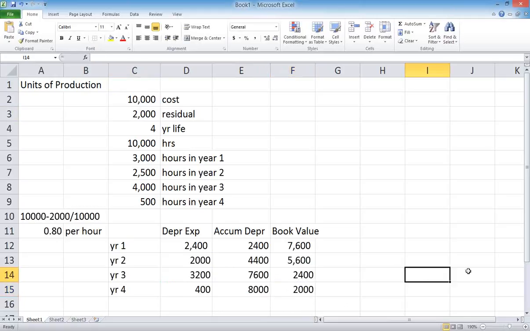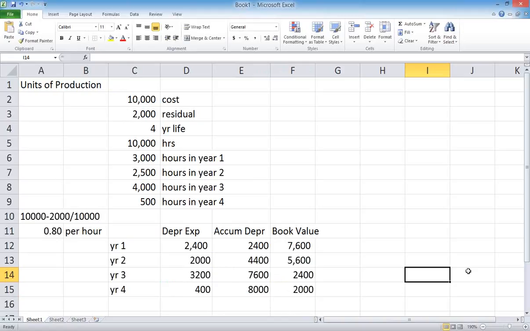Did that answer your question? So that's units of production. Did that help? Okay. Anything else that you specifically think of?